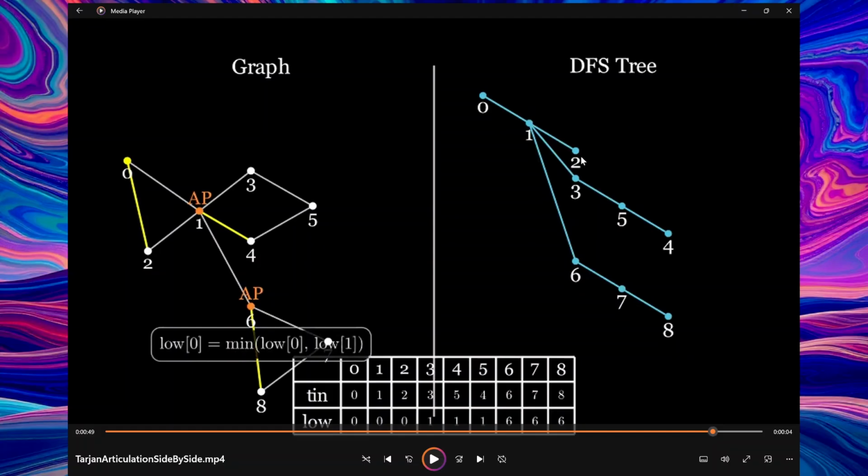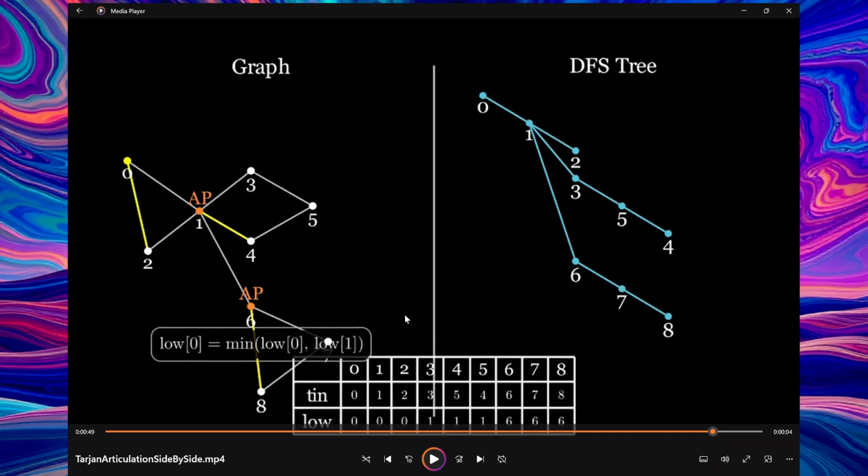8 is not considered an articulation point because it does not have any subgraph that it's blocking. You could say it's trivially an articulation point because there isn't anything that it's blocking. If there was a node here that only connected to 8 or only connected to 7, then yes, it would be an articulation point.